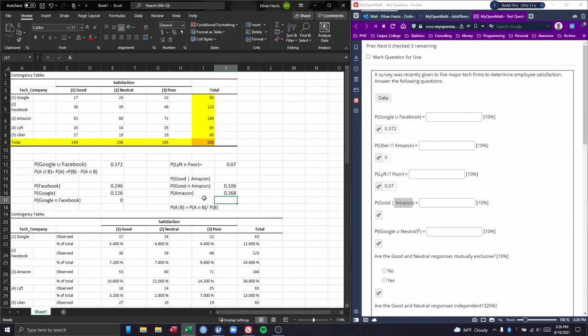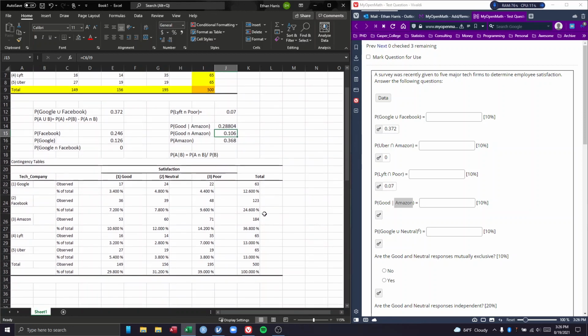And now we can do the intersection divided by this probability of Amazon. And so we can just say equals this 0.106 divided by 0.368. And we can hit enter and we have this 0.28804. Okay, great. For this good given Amazon.